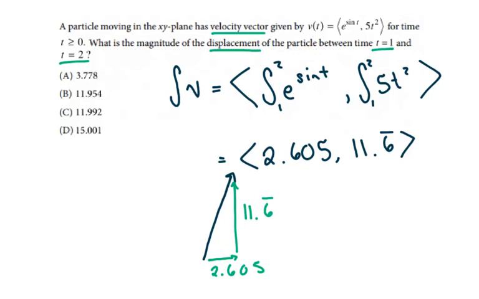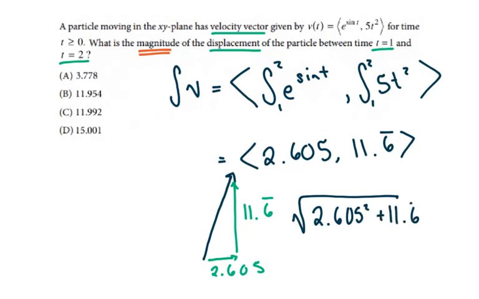Notice here, these are all just numbers, and that's because we're looking for the magnitude, not the displacement vector. So we just need to, again, plug it into the Pythagorean theorem, 2.605 squared plus 11.6 repeating squared, and we end up with 11.954, and the answer here is B.